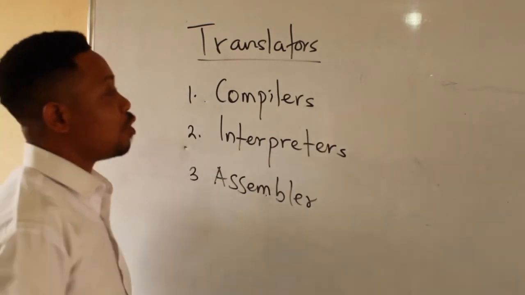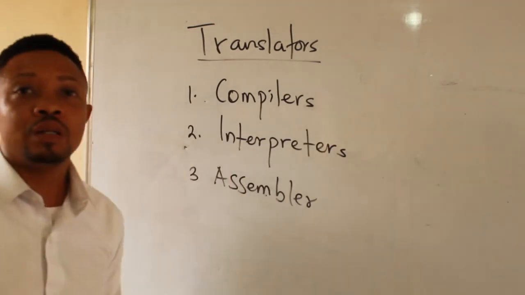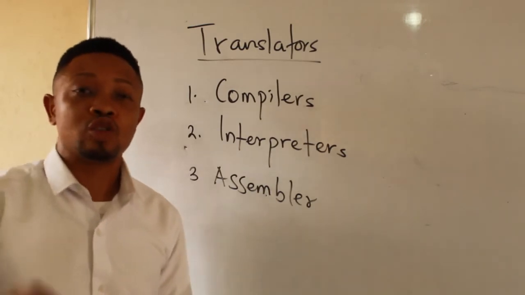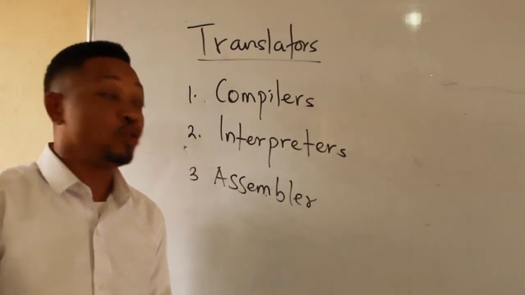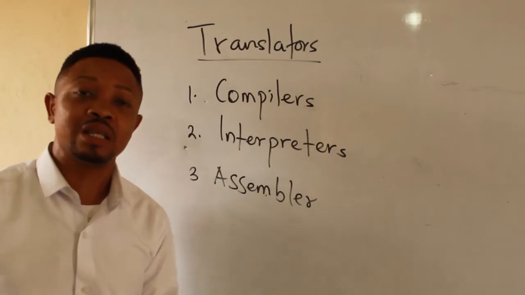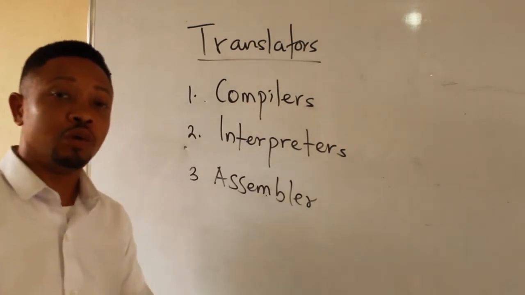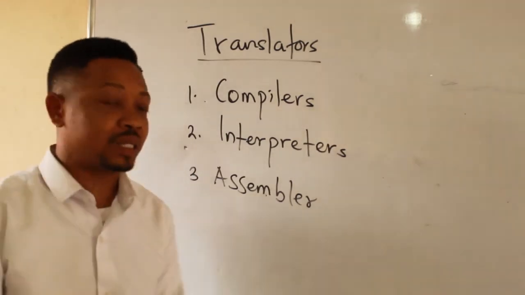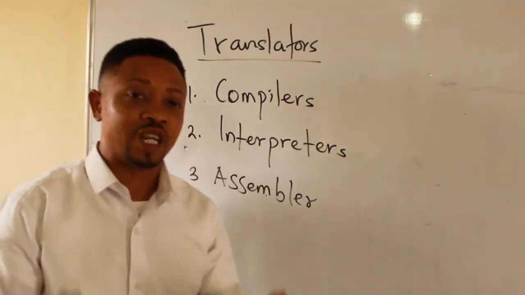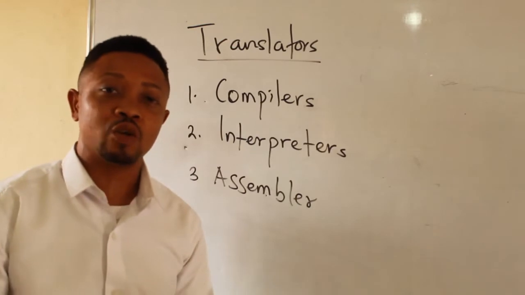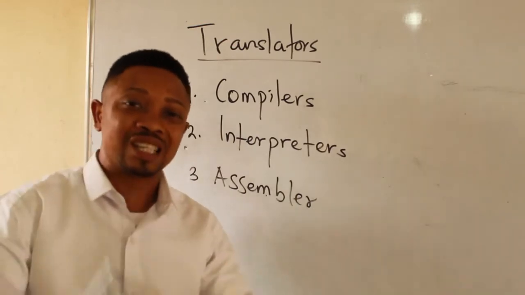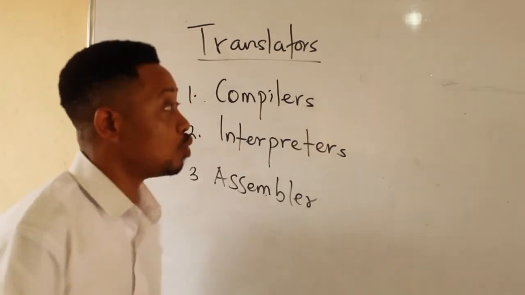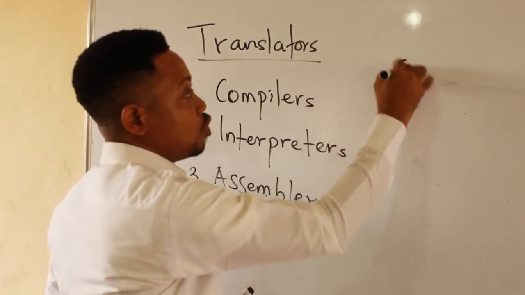Now, what are compilers? They are simply programs or software that are used to convert programs written in high-level language to the machine language at once. Now, there is what we call source code and object code.